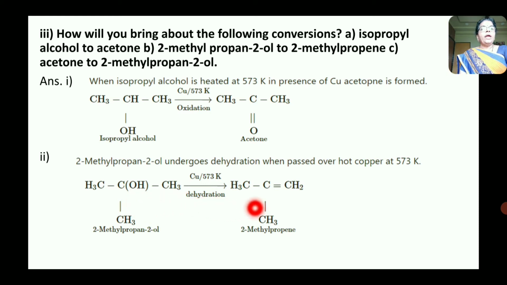It undergoes dehydration to give CH3, C double bond CH2 and CH3, that is isobutylene, that is 2-methyl propene.